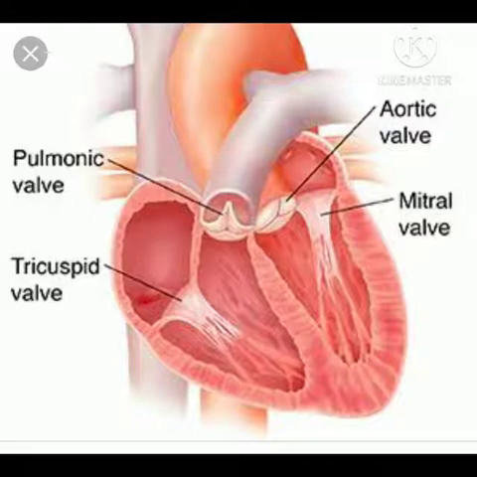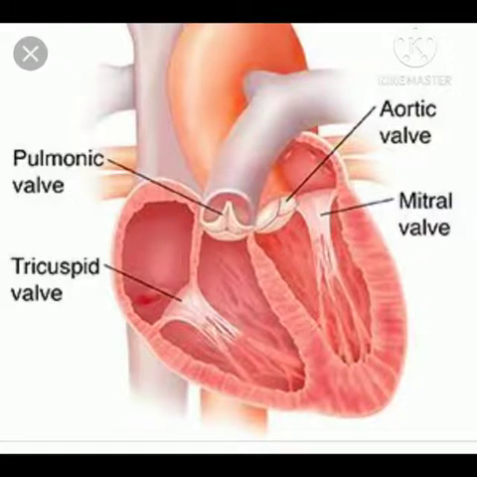There are 4 valves present in the heart to regulate the flow of blood in a single direction.